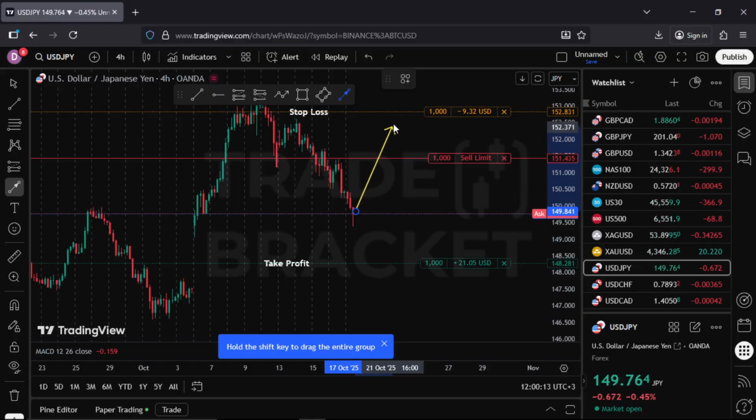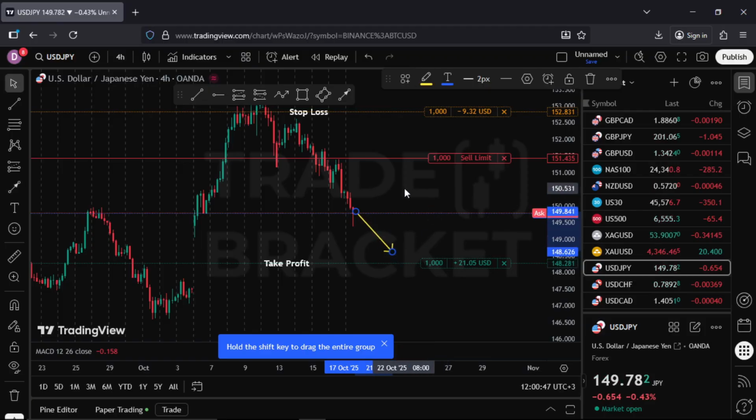If it keeps going up and hits my stop loss line, I will exit that trade with a loss. If price pulls back and hits my sell limit order line, then continues down and hits my take profit line, I will exit that trade with a profit, and it will be done automatically.